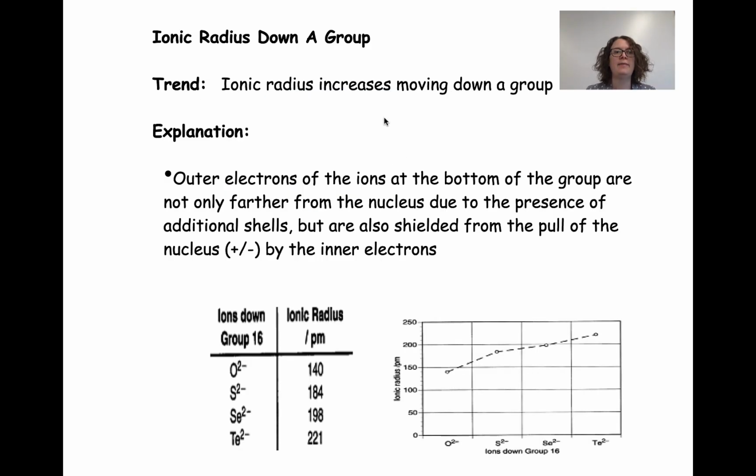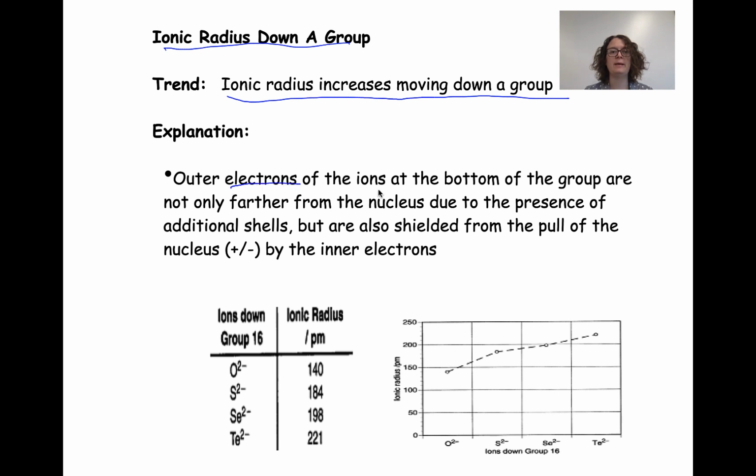And we can look at the ionic radius going down a group. And again, this is going to have a similar trend as the atomic radius, and that is going to increase as we're moving down a group. And again, this is because our outer electrons are going to be in higher principal energy levels.